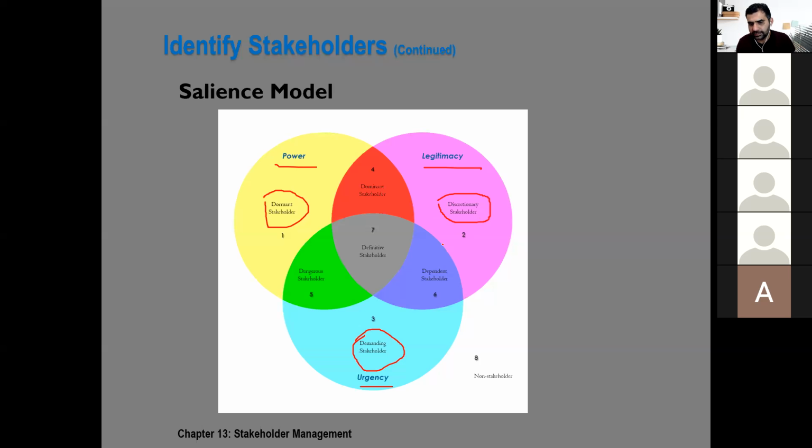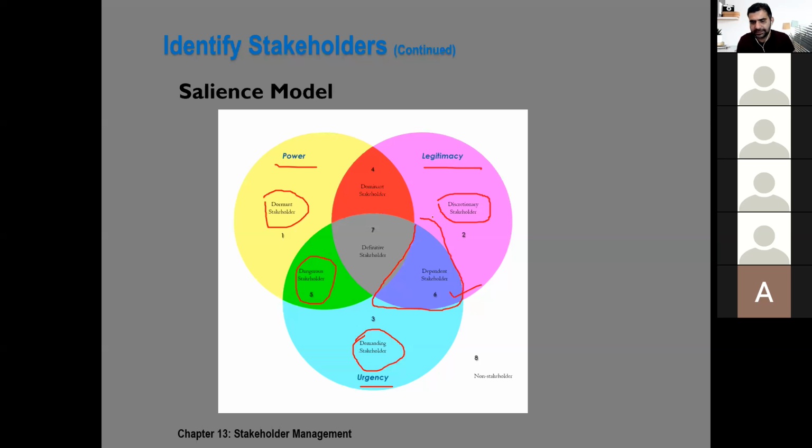And then you can see that there are some common areas where there is urgency and legitimacy but no power at all. They are dependent stakeholders, and there are stakeholders who got good power and they have urgency as well but no legitimacy. You must be afraid of these stakeholders.